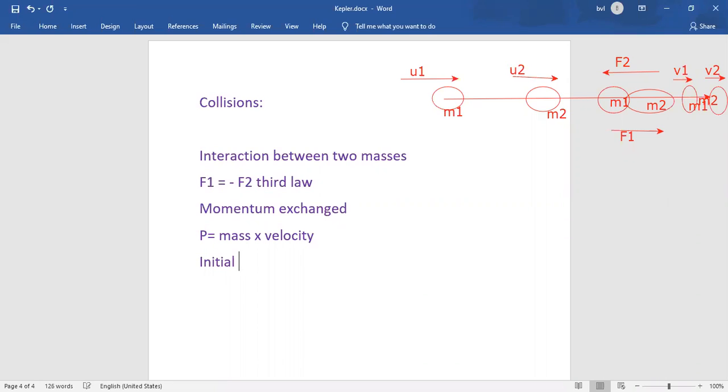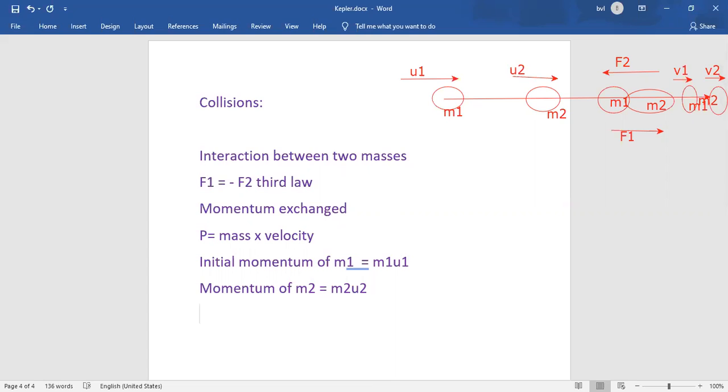Initial momentum of the first mass is m1 u1. Similarly, initial momentum of the second mass, m2, is m2 multiplied by its initial velocity u2, so m2 u2.